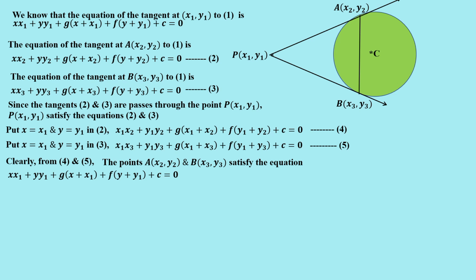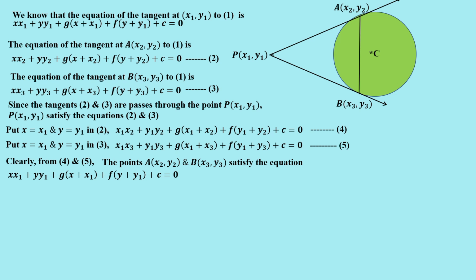Just look at the coefficients: x1, y1, g times (x1 plus it will change), plus f times (y1 plus it will change), plus c is common. So the changing point is x1. Next to x1 you have x2 in the first equation, that is the fourth equation. Next to y1 you have y2 in the fourth equation. And in the fifth equation you have x3 next to x1, so instead of x you can put x3, y3.